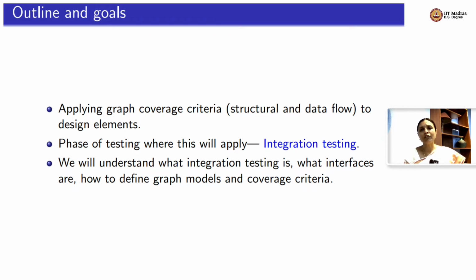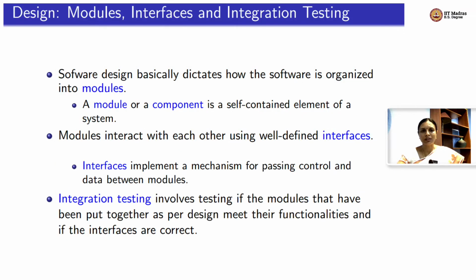Before we look at graph coverage criteria and what they mean, it's helpful to do this module on understanding just what is integration testing. So software design, which could be a UML diagram or any other design document or any other language that you use for design, basically consists of how your code is organized into various modules and what are their levels.